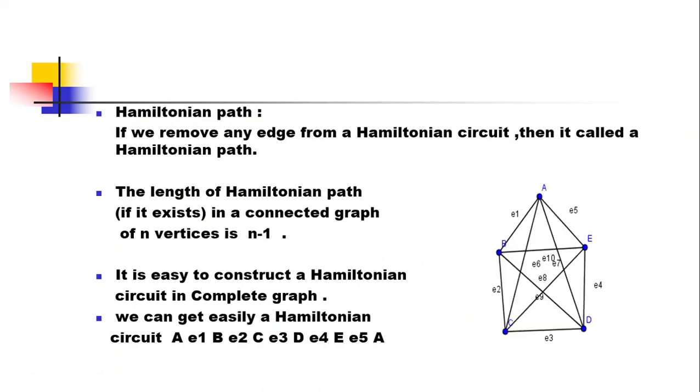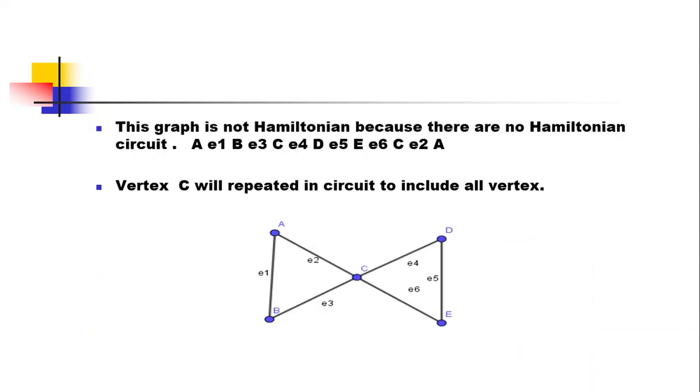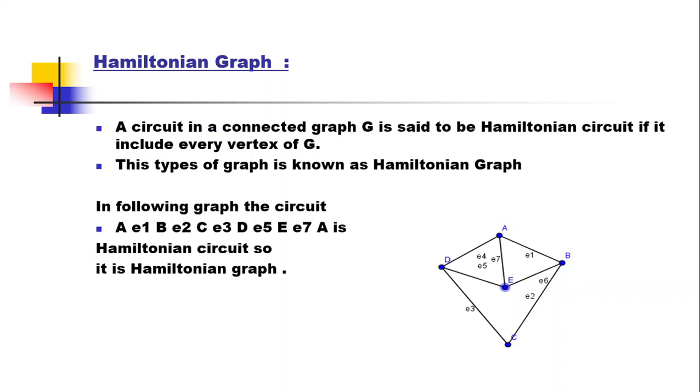Next is a Hamiltonian path. What is the meaning of that? If we remove any edge from the Hamiltonian circuit, then it is called a Hamiltonian path. For example, that is a Hamiltonian circuit here. If we remove any edge, for example if we remove E7, what will be the result?